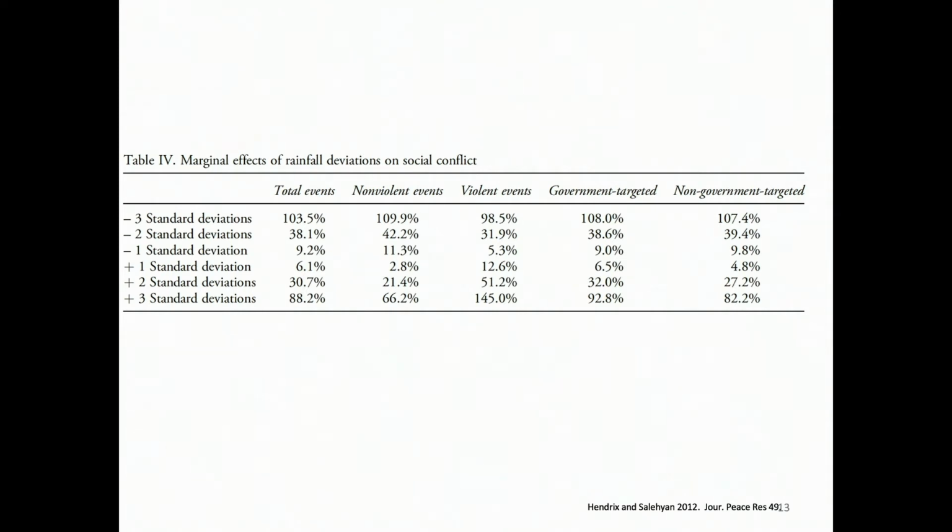if it's 2 standard deviations drier than normal, which you can think of as a 1 in 20-year drought, there's about a 40% increase in the probability of a conflict. And if there's 3 standard deviations, if it's a 1 in 100-year drought, the probability of conflict is doubled.